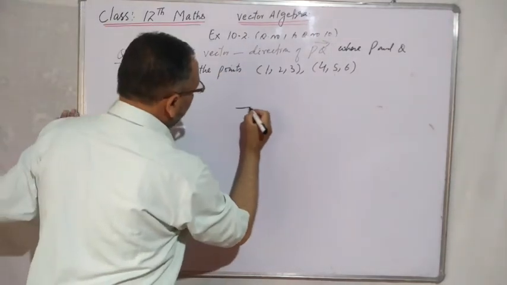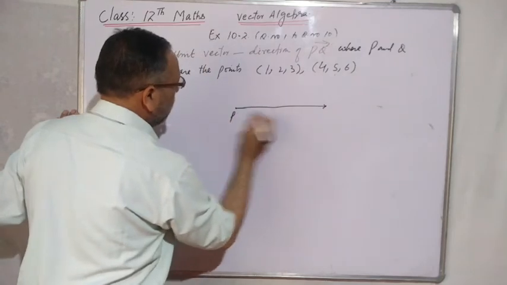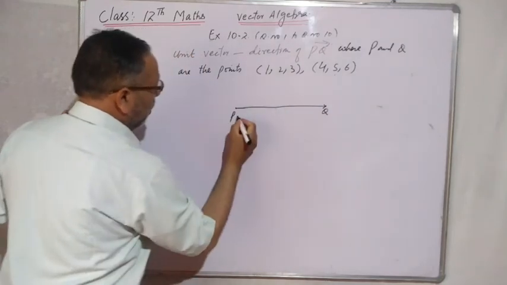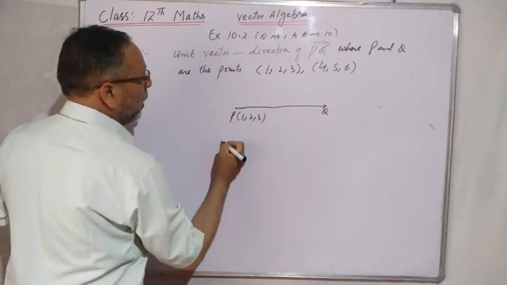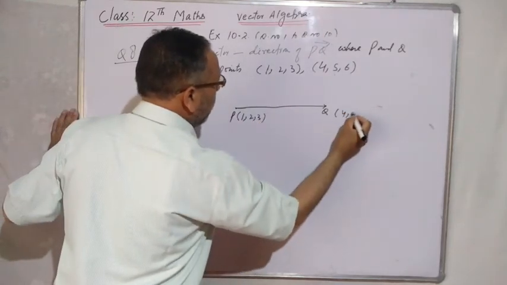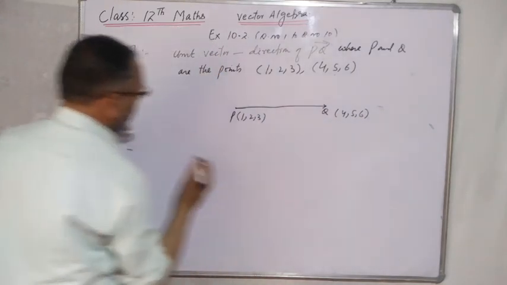So let me take a vector PQ. The coordinates of P are 1, 2, and 3. Coordinates of Q are 4, 5, and 6. So let us first find the vector PQ.